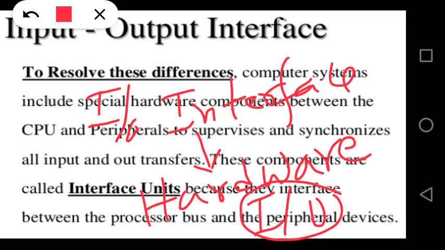So the IO interface is nothing but some special hardware components, and these special components supervise and synchronize all input and output transfers. These components are called interface units because they interface between the processor bus and peripheral devices.